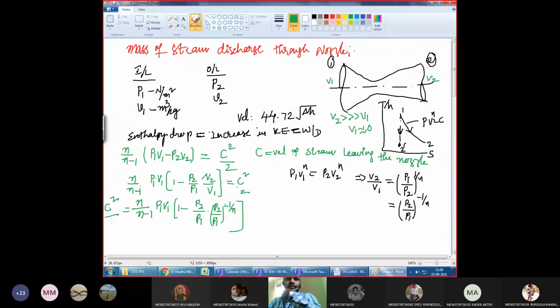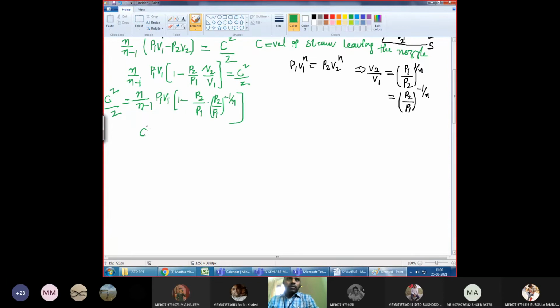Is equals to C square by 2. And this C square by 2 is equals to n by n minus 1 P1 V1 into 1 minus, here the bases are same, I can add the powers, P2 by P1 whole power 1 minus 1 by n, that is equals to n minus 1 by n.